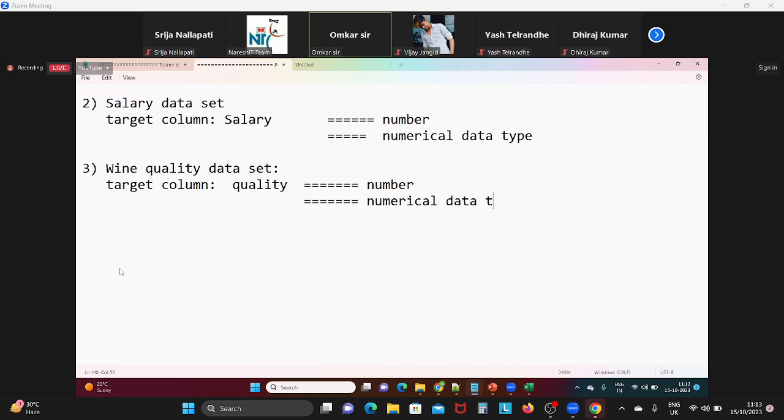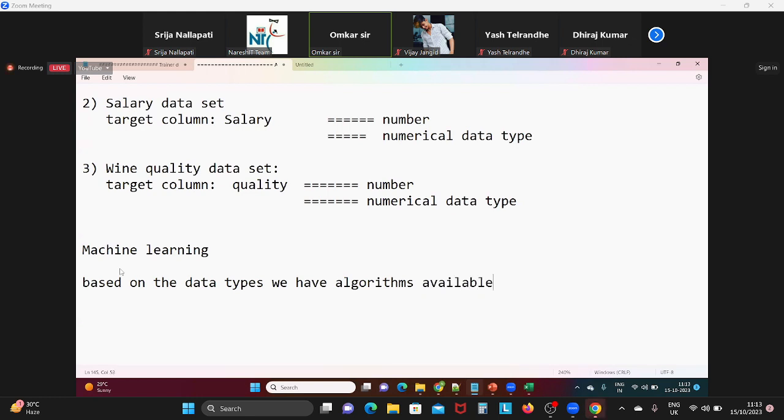So in machine learning also, based on the data types, we have algorithms available. Case status, denied or accepted.